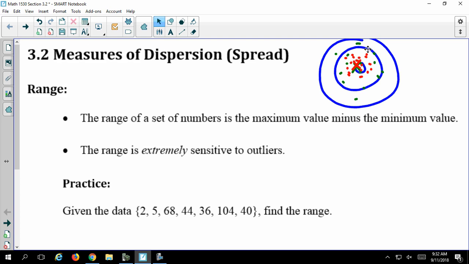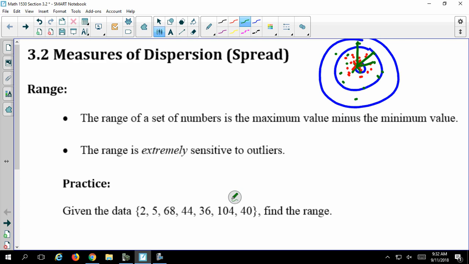Which person is the better shot? The red one, the second one, is a better shot, right? So we need to be able to measure that, how spread out is your data or how concentrated is it? So one way that we're going to talk about it is, can we measure from each data point how far it is from that middle?